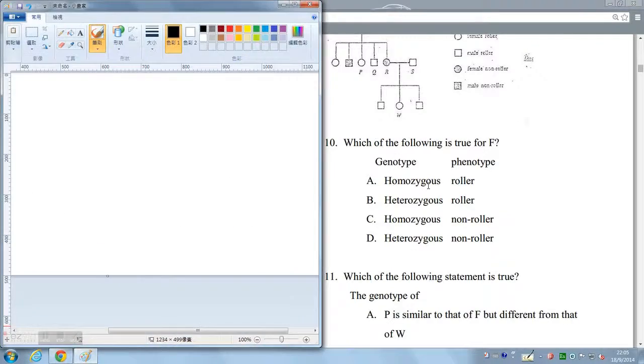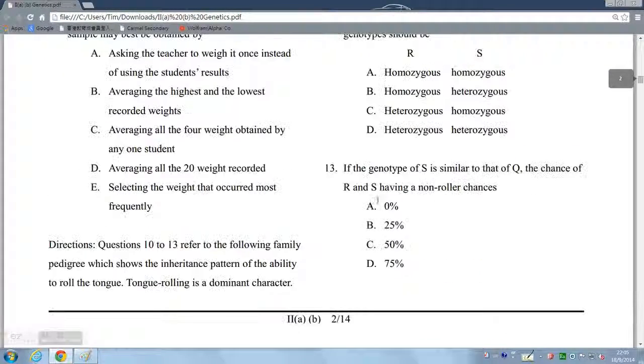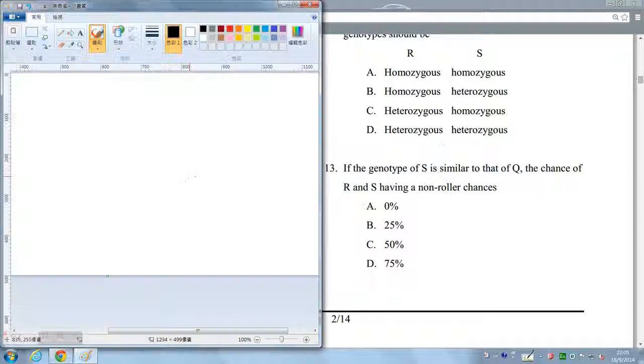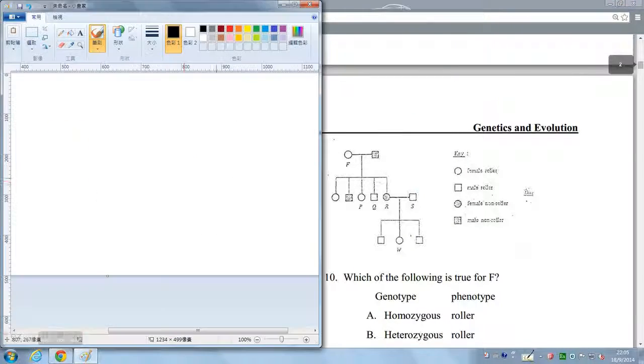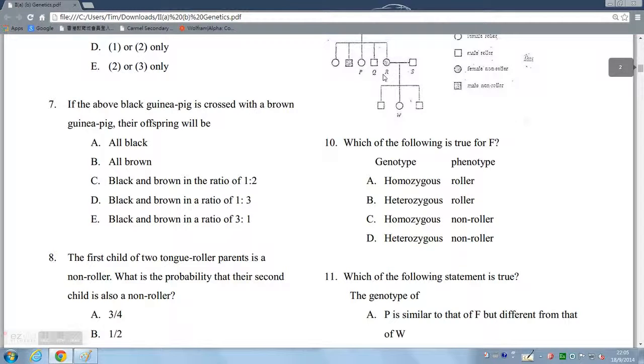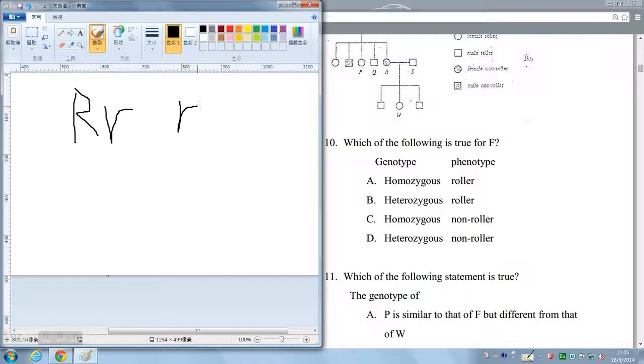And since R is a non-roller, she is homozygous recessive, as we proved before. And so when these two cross, the genotype of S is heterozygous, and for R it is homozygous recessive. So these are the gametes produced.